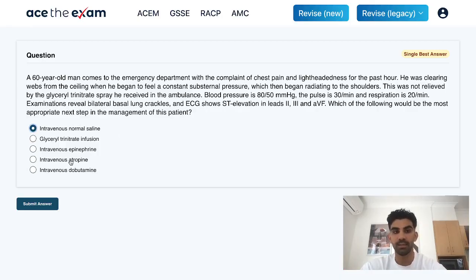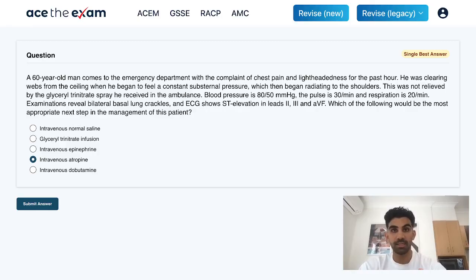And our correct answer here is intravenous atropine. Remember, atropine is a muscarinic receptor antagonist. It will block vagal or parasympathetic tone to the SA and AV nodes, which will allow the heart rate to increase. An inferior wall MI often causes vagally mediated bradycardia, and atropine will directly reverse that.